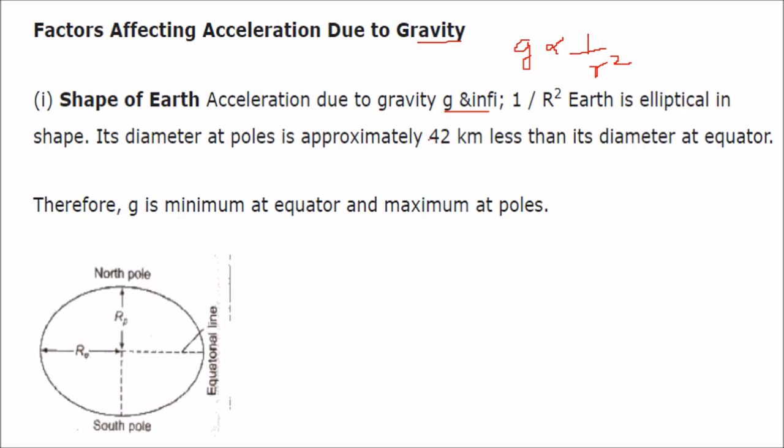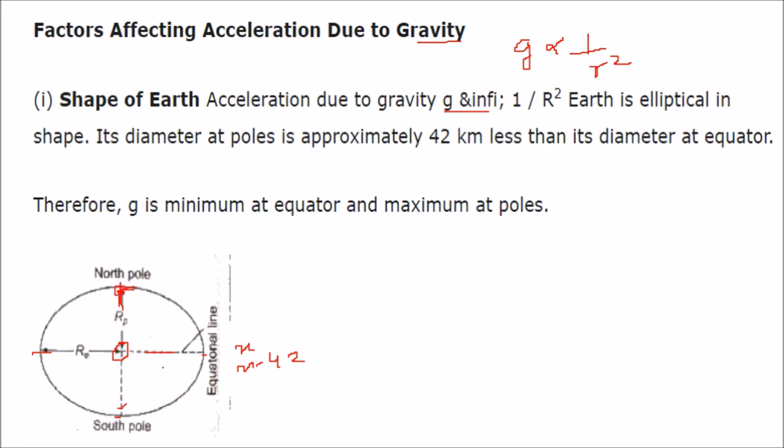So the diameter at the poles is 42 kilometers less than the diameter at the equator. So if this is x, then this is x minus 42. When we have less distance from the center of earth, g is minimum at the equator, but it will be maximum at the poles.